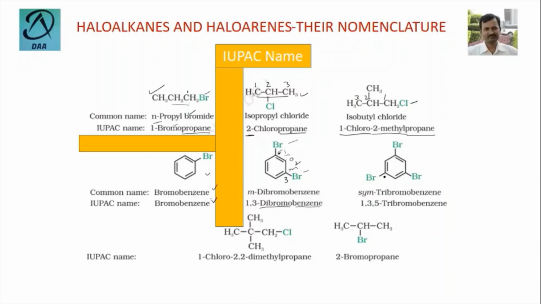In this case, where three bromine atoms are attached to the benzene ring carbons, the common name is sym-tribromobenzene. But in IUPAC naming, if you consider positions 1, 2, 3, 4, 5 of the carbon atoms in the benzene ring, the positions are 1,3,5. So 1,3,5, and how many bromine atoms? Three. So tribromo, and it is benzene. Another compound is 1-chloro-2,2-dimethylpropane.